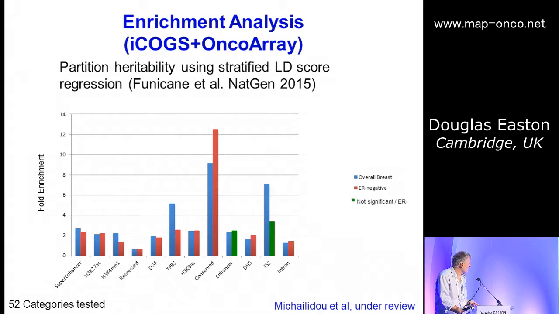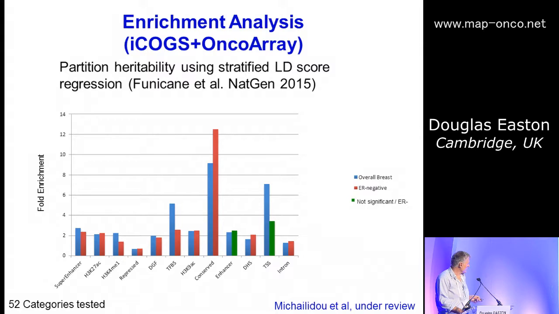One of the things which has gradually become clearer is that, as I say, we don't know in most cases what the underlying biology is, but we do know that most, although not all, of the variants are non-coding variants located in regulatory sequences.